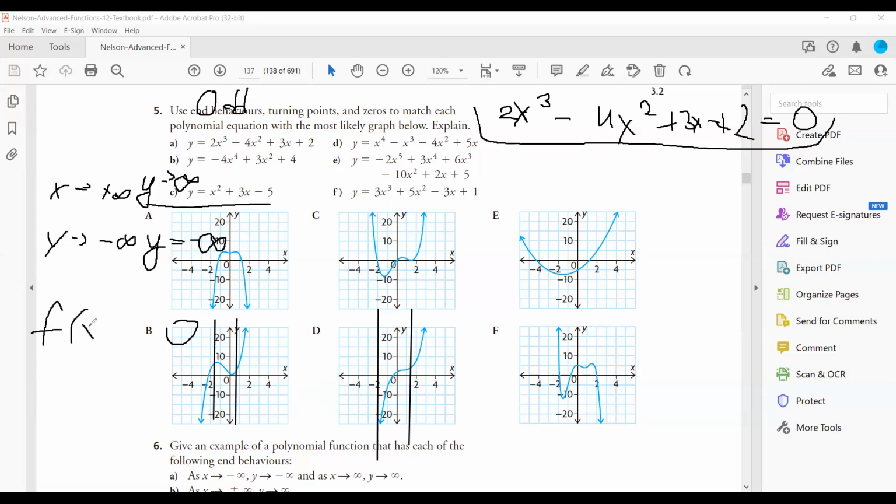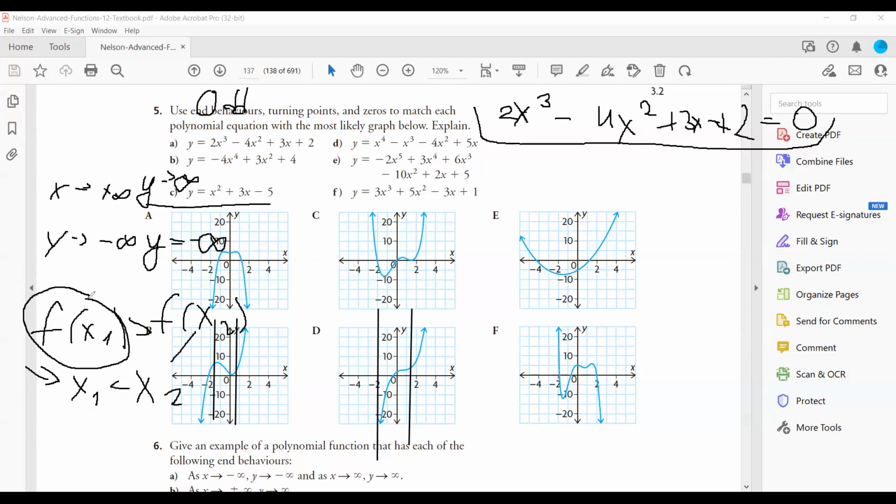If f of x1 is greater than f of x2, where x1 is less than x2, it means that the function is decreasing, because the lesser number of x gives us a greater value of the range, right?